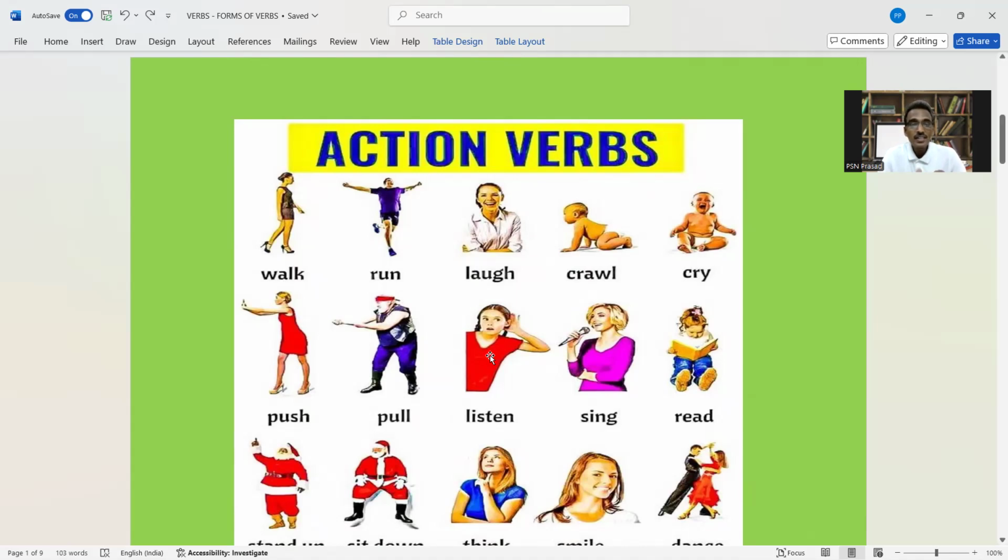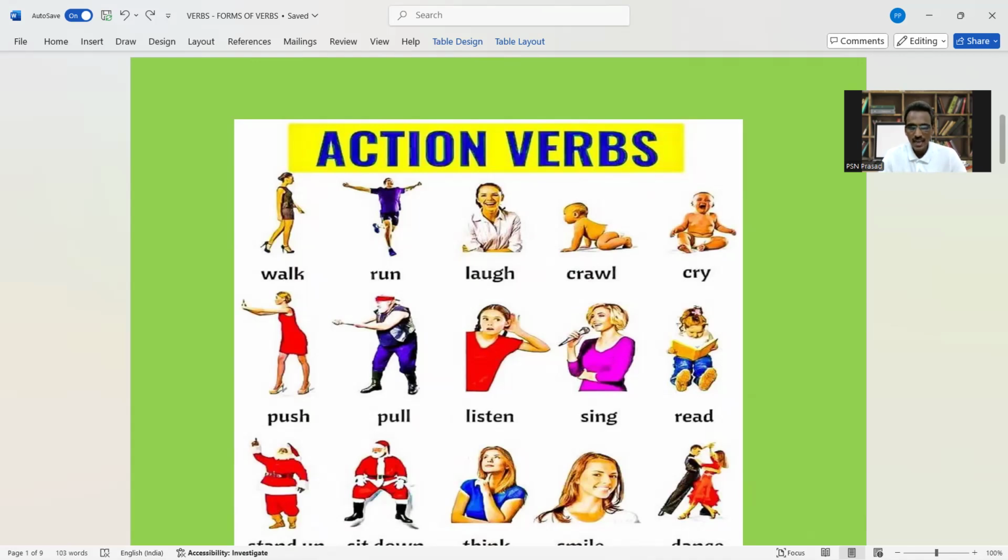And look at this girl. How curiously she is listening to something, right? So here, look at this woman. She is singing, right? So sing is the action. And look at this cute baby reading, right?